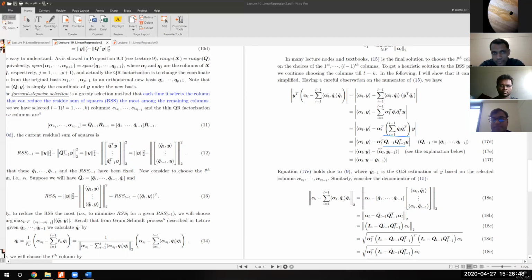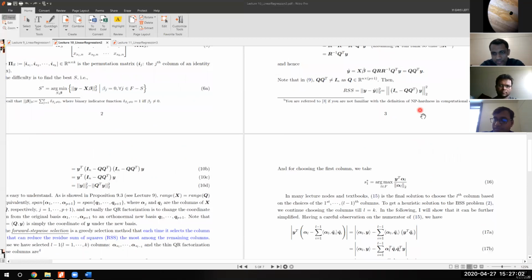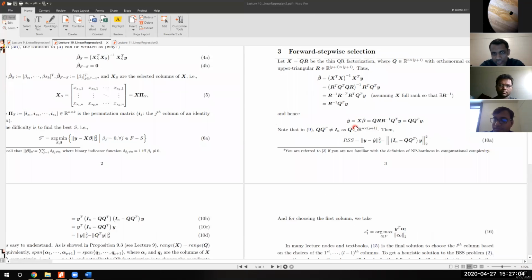Okay, so after it, we're going to have this one, right? And this one actually equals this one. Why? Because I have a formulation before to estimate the Y star, the Y hat, which is, let me see where it is. It's here, okay. So I have Y hat equals QQ transpose Y. In other words, Y equals the inverse of QQ transpose times Y hat, you know what I mean?